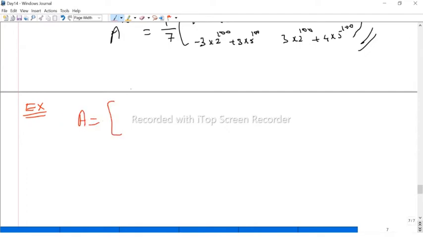The matrix is 5, minus 4, 4, then 12, minus 11, 12, then 4, minus 4, 5. Suppose they give you this 3 by 3 matrix. Now the question is, check whether the matrix is diagonalizable or not, or prove that A is diagonalizable.